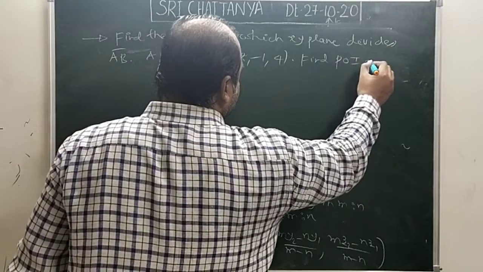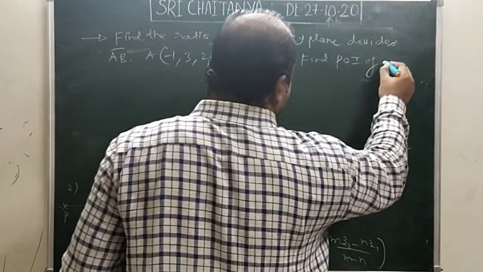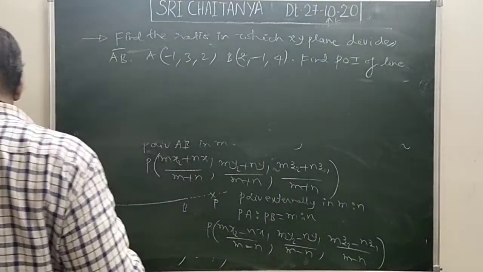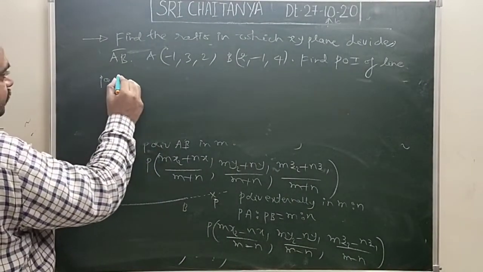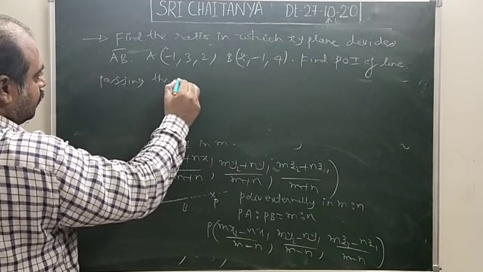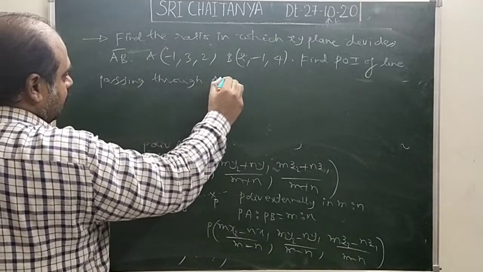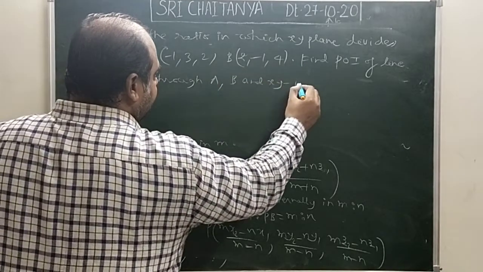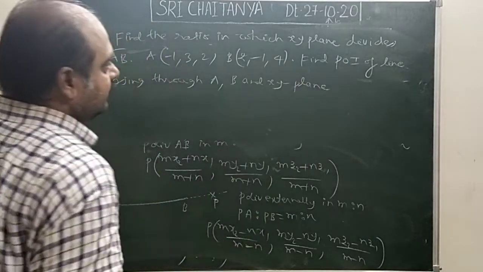Find the point of intersection of the line passing through A, B and the xy plane. Look at this problem.